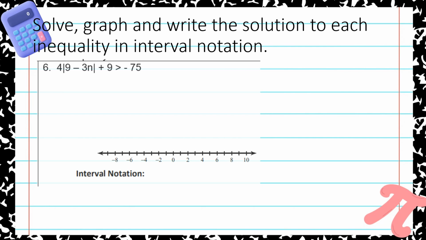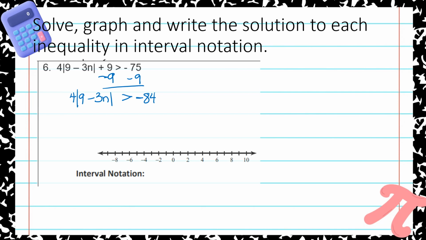The first thing I need to do is get the absolute value term by itself. So I'm going to subtract 9 from both sides. So I'm going to get 4 times the absolute value of 9 minus 3n is greater than -84. Always, always, you should add or subtract first if you're trying to get that by itself.